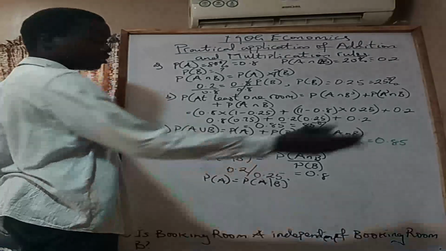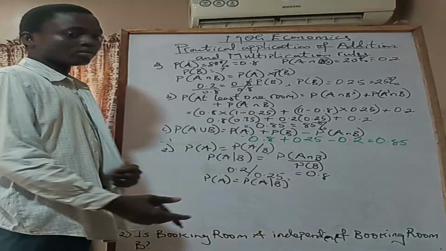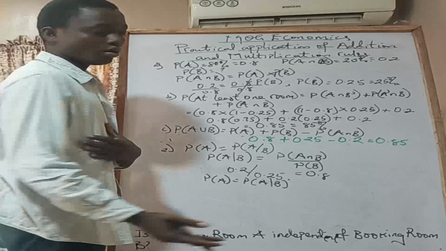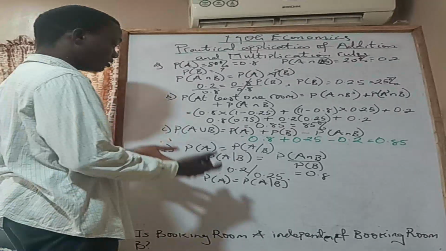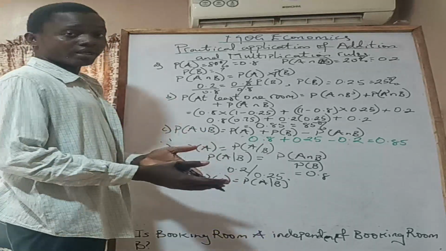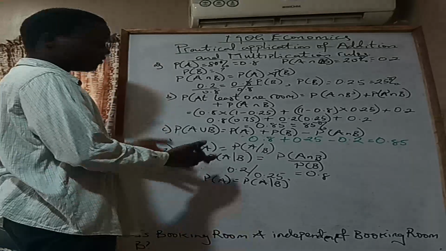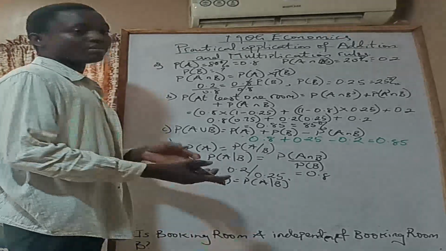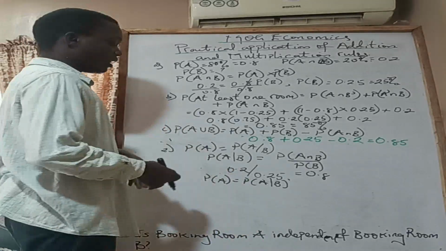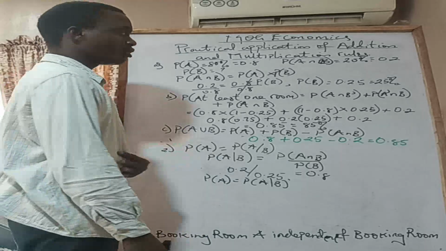So you conclude that event A, the booking of room A, is independent of the booking of room B. The reason is that the probability of booking room A remains the same, regardless of whether room B has been booked or not.